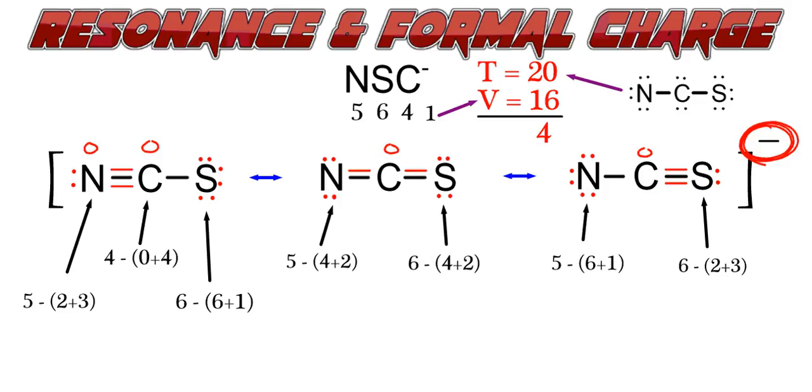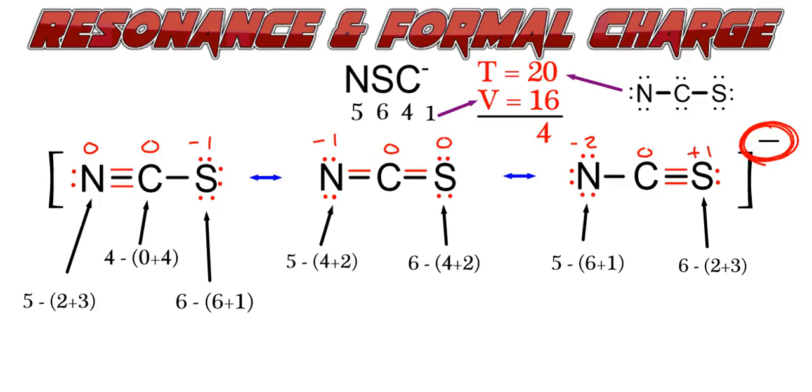So the very fact that I have 2 zeros already means that this last one has to be -1. And if you do look at the math, 6 minus 7 is -1. But it's a nice little tip. Same thing here. If that's -1 and my center atom 0, it would make sense that this has to be 0. So those are all my formal charges.